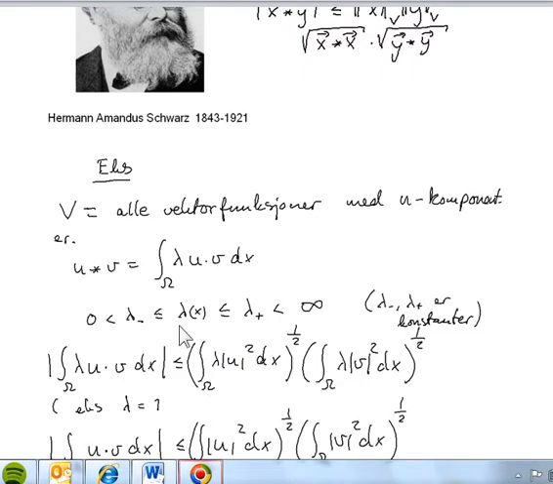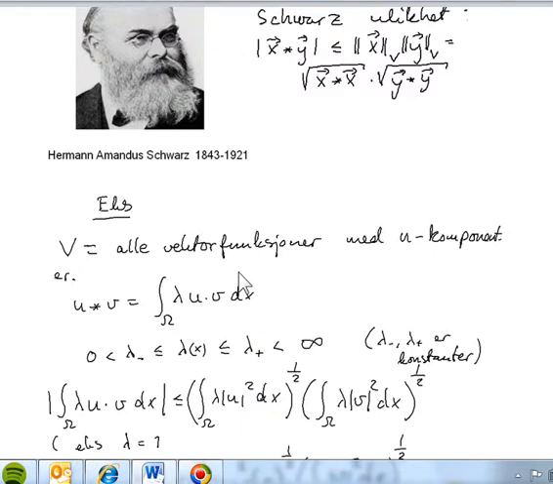And it's rather easy to show that this in fact is a scalar product. We have some rules for scalar products which we have shown you, and they are all satisfied. So according to this Schwarz inequality, which we are not going to prove, we have the following. By replacing x and y with u and v in this inequality, and using this scalar product, we obtain the following inequality.